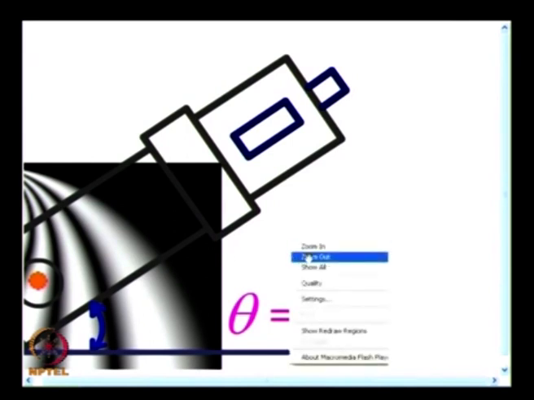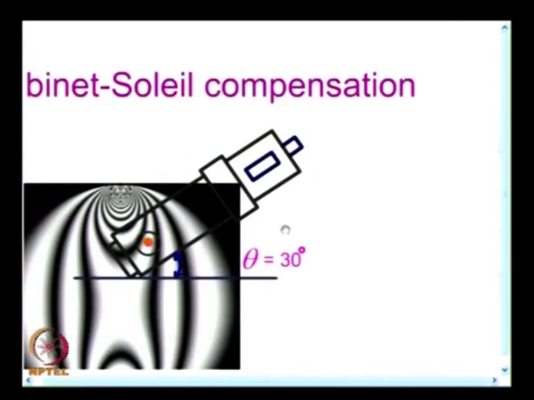I will give a slightly more complete figure here. So, I have this fringe pattern, and I have to align this compensator at the angle of the isoclinic at the point of interest, because this compensation has to be done along the reference axis at the point of interest.